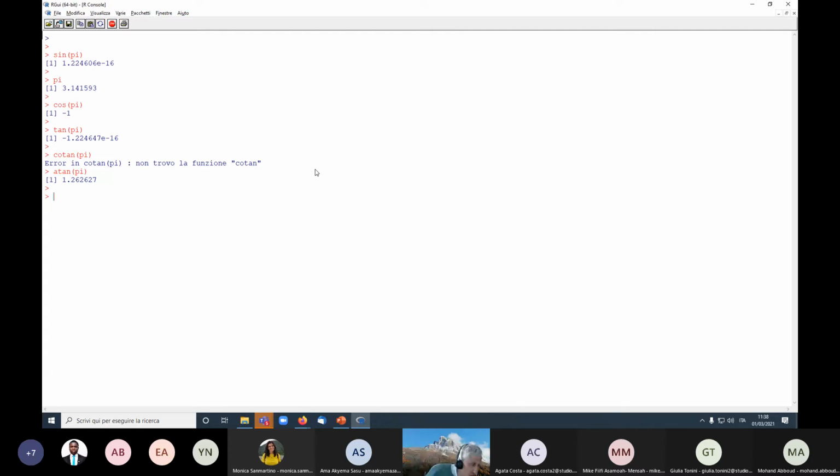It's 0 because the sin is 0. And I was expecting the inverse of the tangent to be infinity. So let me compute it in this way for now, because I don't recollect the direct name. And this is infinity, you see.